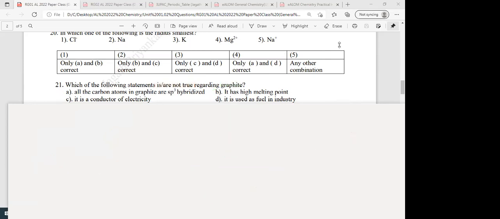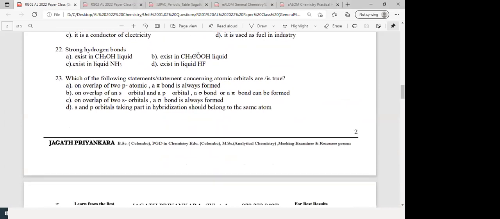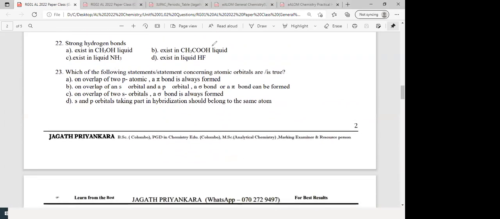Question number 22. Strong hydrogen bonds exist in what? Ammonia. Yes. Okay, can you quickly post the answer to the chat? Liquid ammonia, liquid HF, liquid acetic acid, CH3COOH, and liquid methanol.